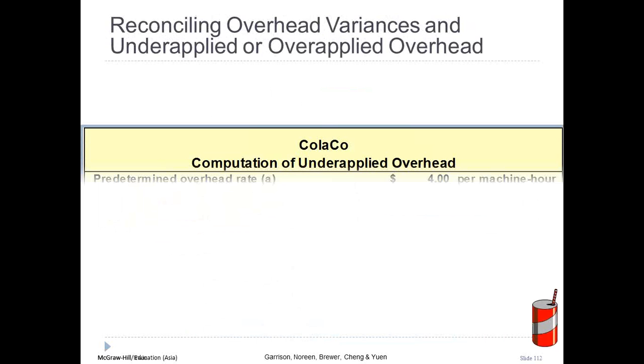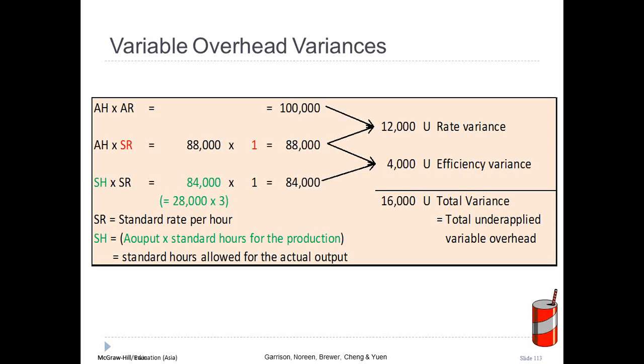The second row represents the actual machine hours at standard rate, AH times SR, which totals $88,000. The third row is the applied overhead, SH times SR, equaling $84,000, a product of the standard machine hours allowed for the actual production at the standard predetermined overhead rate of $1 per machine hour.